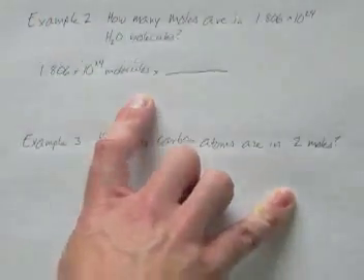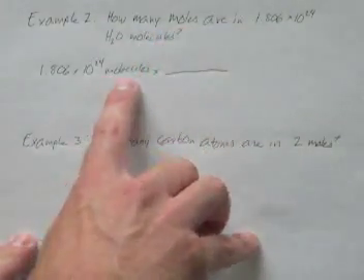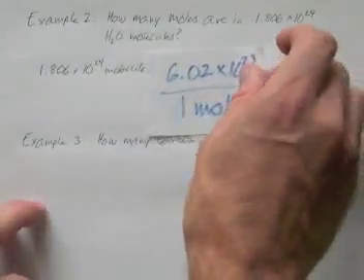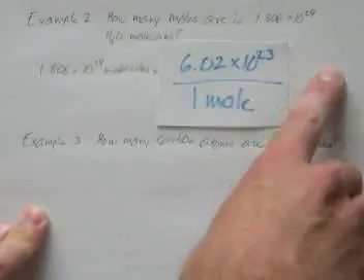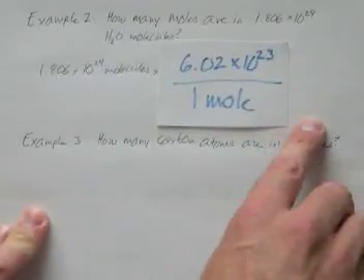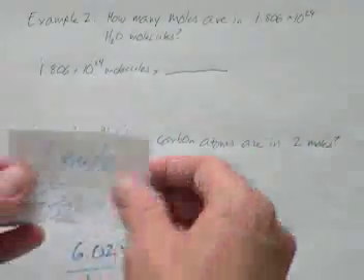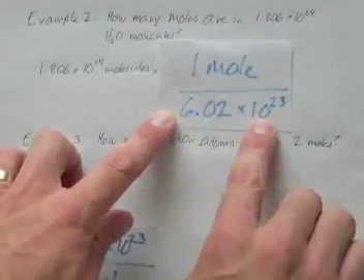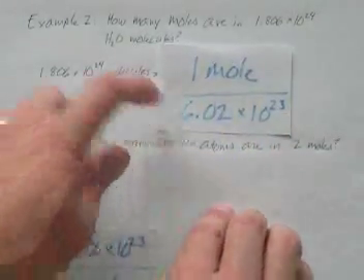I'm going to multiply it by a conversion factor just like I did with dozen. I'm looking for the number of moles. I want to cancel out my representative particle unit. Notice if I use this conversion factor, I would get the wrong answer. I would get molecules squared over moles. But I'm looking for moles of H2O molecules. I want to use this conversion factor. 6.02 times 10 to the 23rd is my number of molecules per mole in this case.